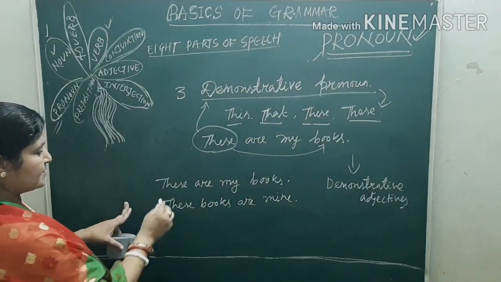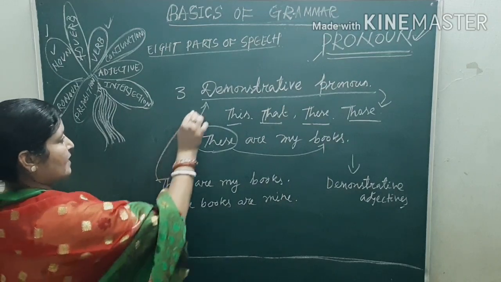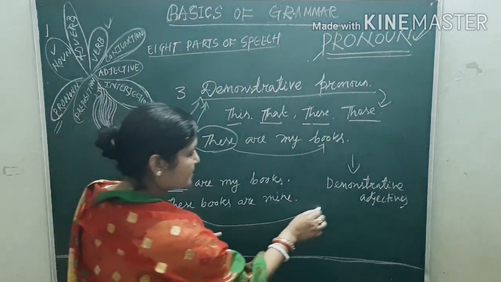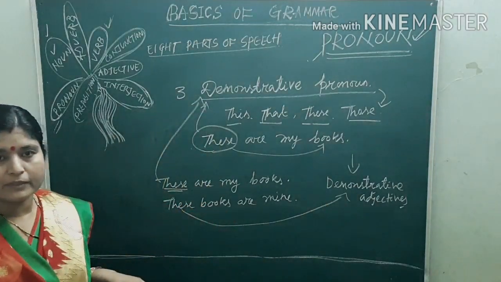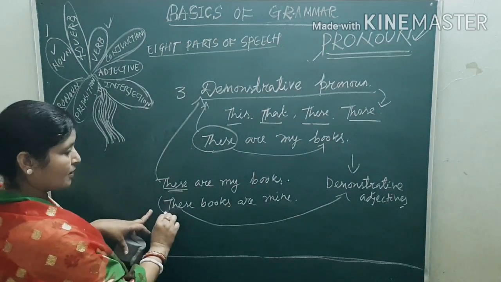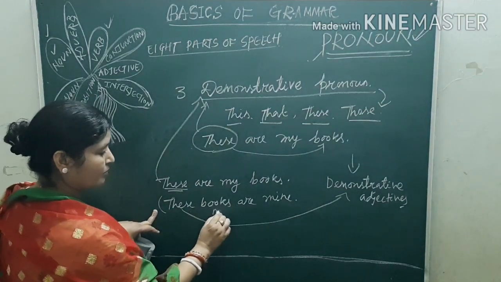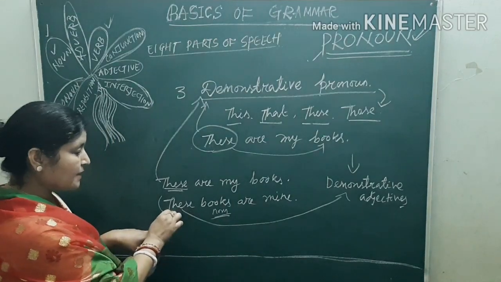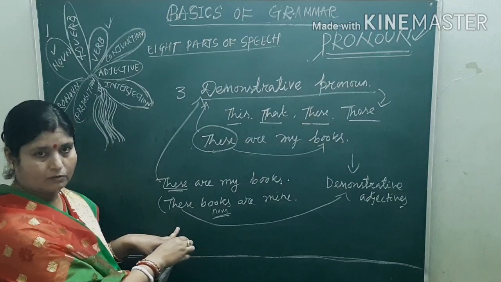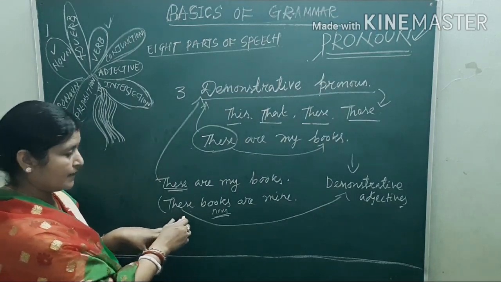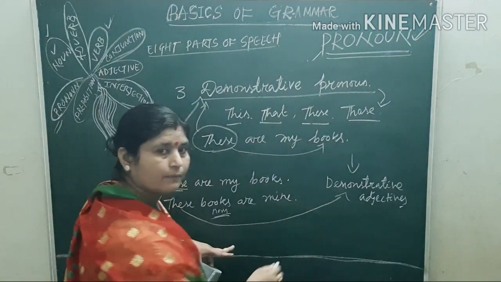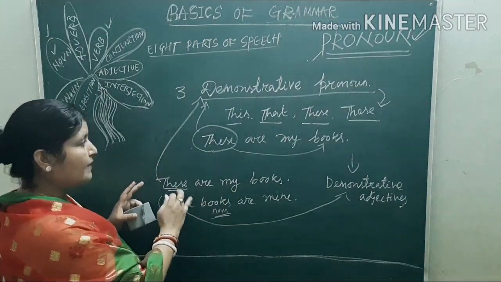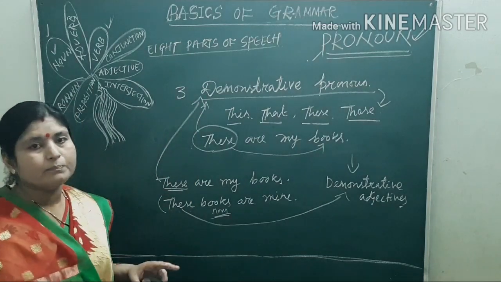In the first sentence, these is used as the demonstrative pronoun. But here, these is used as the demonstrative adjective. How? Because this word is used before the noun and very close to the noun. If it is used very close to the noun and before the noun, then it is regarded as the demonstrative adjective. But if it is far from the noun, then it is known as the demonstrative pronoun.